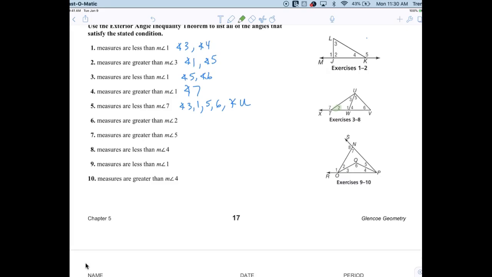Wait, because the measure of angle 2 plus the measure of angle 3 equals... oh wait, 7. What are you talking about? The measure of angle 2 plus the measure of angle 3, Harrison, would be the measure of angle 4. 4. Yeah. Right. Yeah, that's what I'm saying.